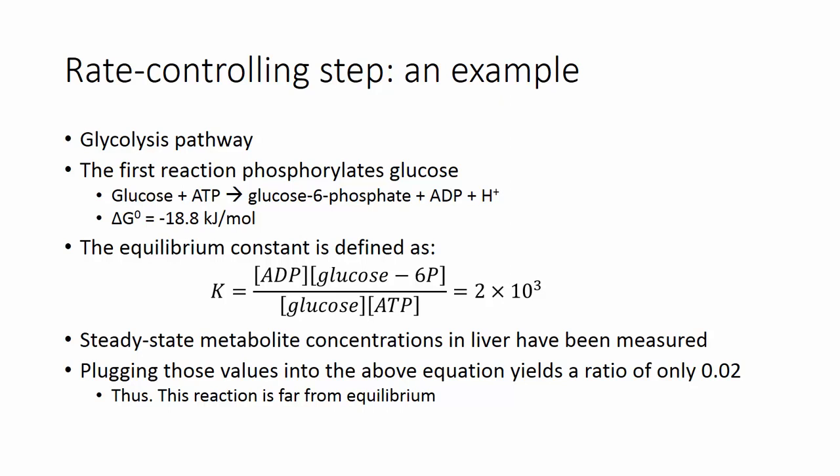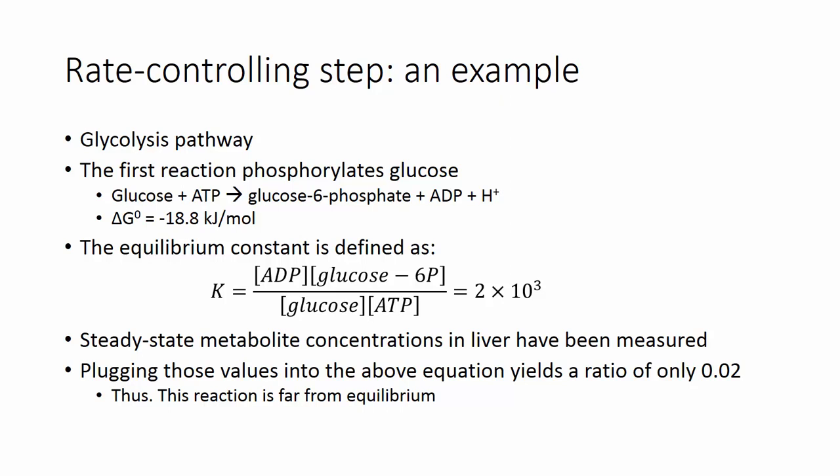Steady state metabolite concentrations in liver have been measured for these metabolites. Plugging those values into the above equation yields a ratio of only 0.02. Thus, this indicates that the reaction we're looking at is far from equilibrium, that 2 times 10 to the third.